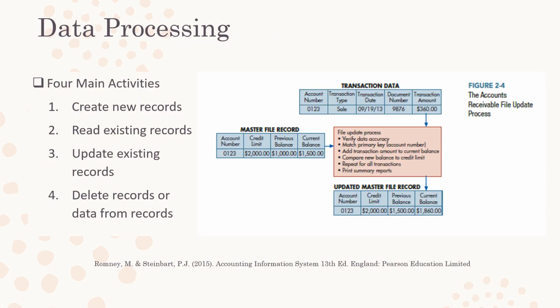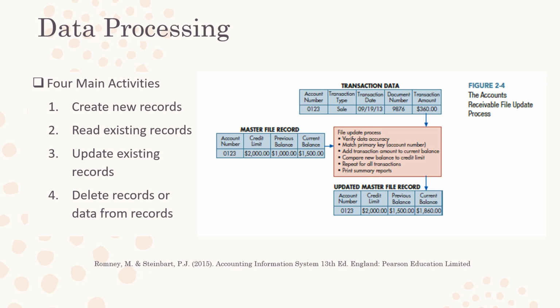Once business activity data have been entered into the system, they must be processed to keep the database current. So there are four types of data processing activities. First is creating new records, for example, adding a newly hired employee to the payroll database, adding customers, adding suppliers, adding item lists. Second is reading, retrieving, or viewing the existing data.